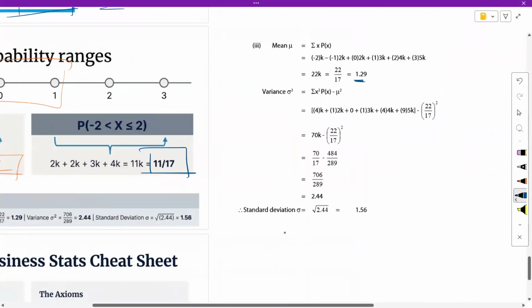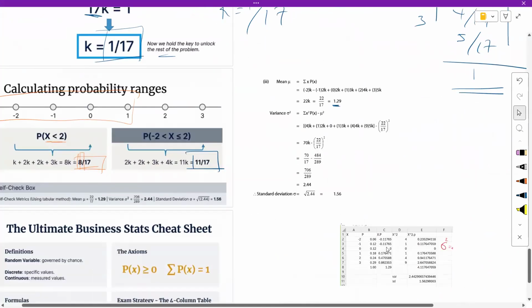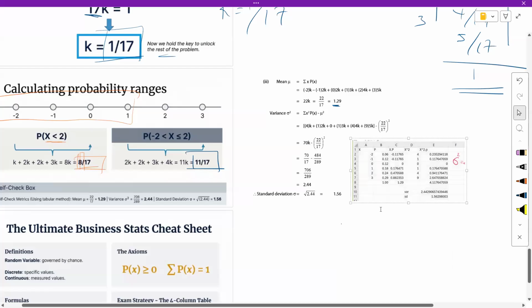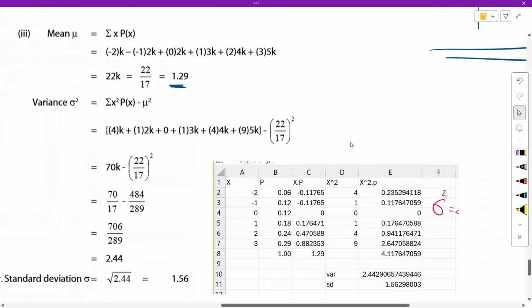Yes, we got the same exact answer here. Mean equal 1.29. Here we also get 1.29, and the variance is 2.44.